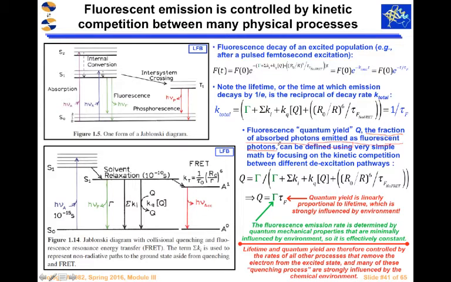Quantum yield is the fraction of absorbed photons emitted as fluorescent photons. We can ignore all the population dynamics and simply calculate the quantum yield as the rate of fluorescent emission compared to the total rate of decay. Again, if at any moment in time, let's say 50% of the decay at some instant is fluorescence and 50% of the decay is everything else, then we have a partitioning ratio of 1/2.